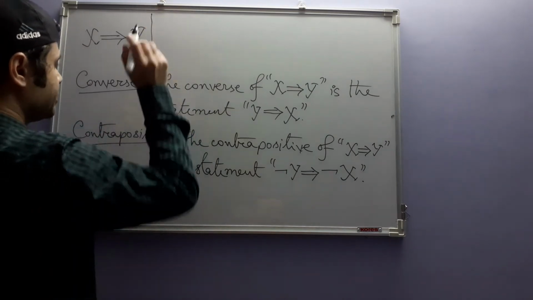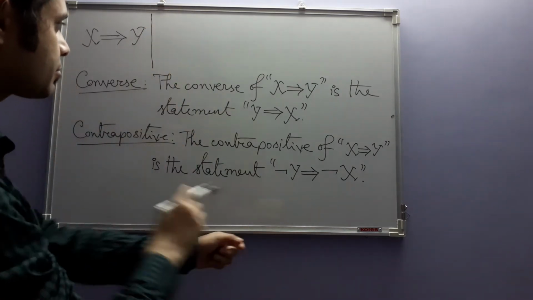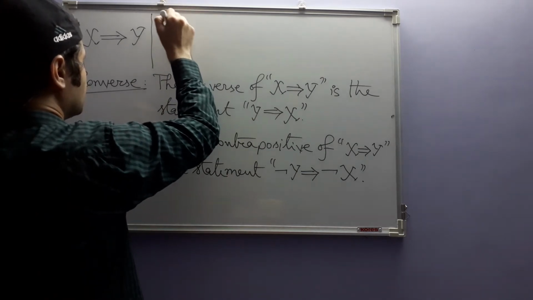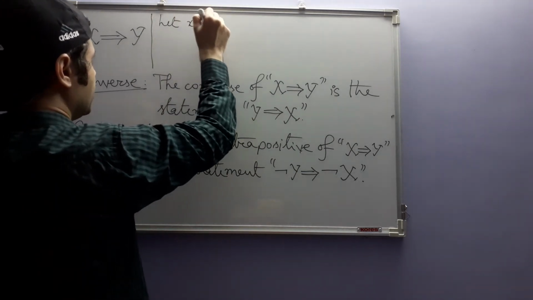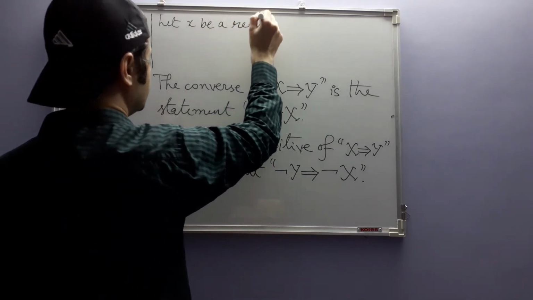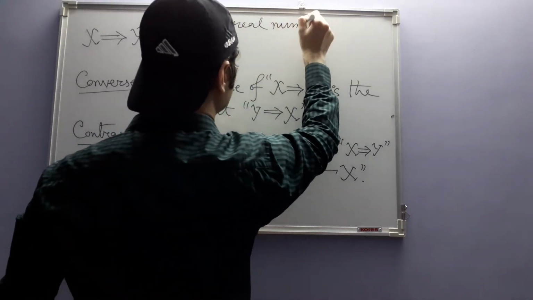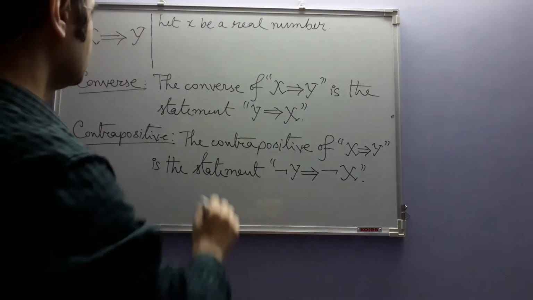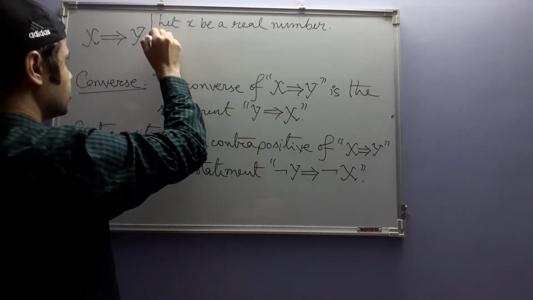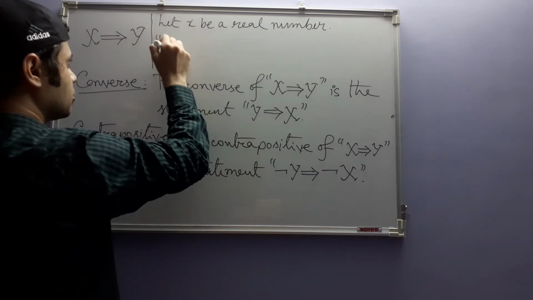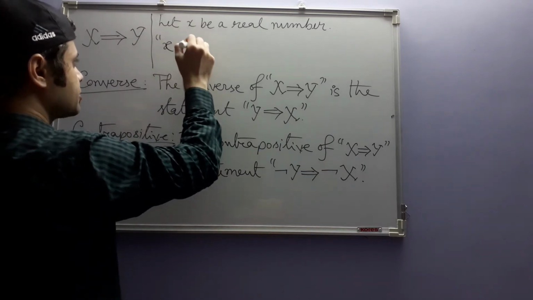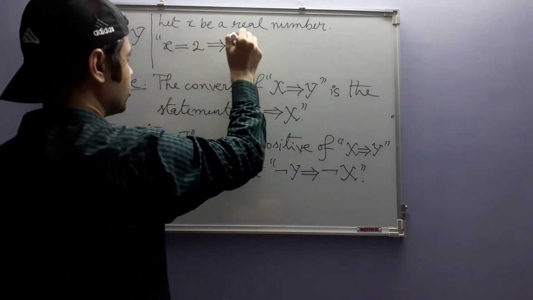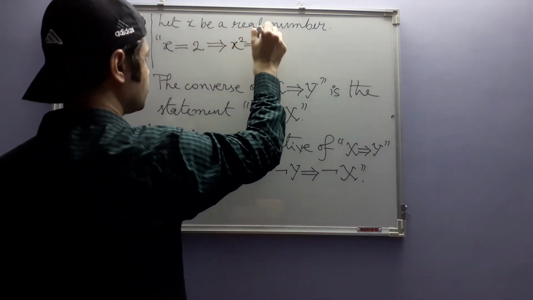Now let's look at an example. Let X be a real number with this condition. You look at this statement: X is equal to 2 implies X squared is equal to 4.